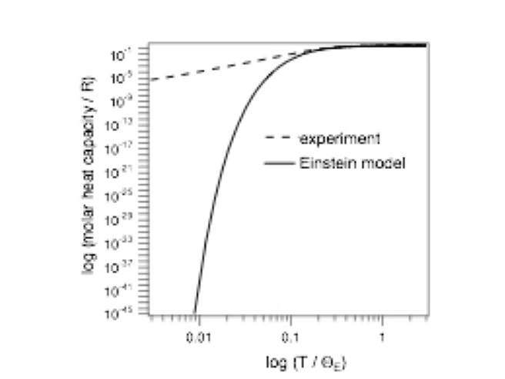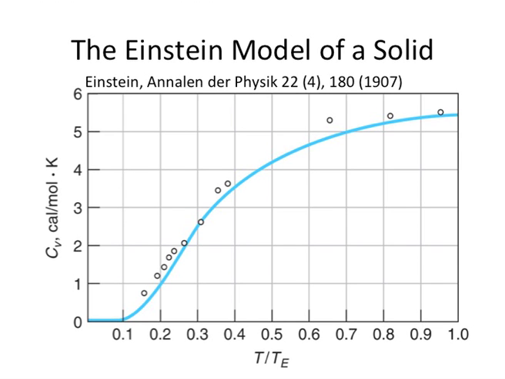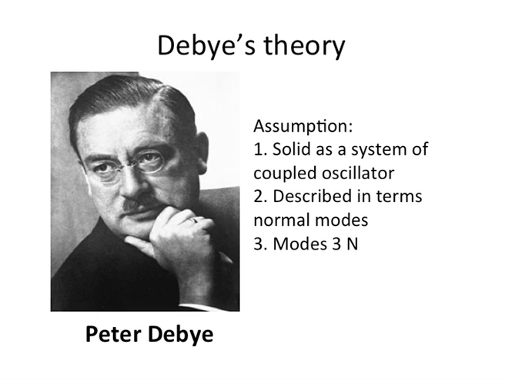In a given solid, this solid curve is Einstein model, and these circles are experimental values. They agree up to some low temperature, whereas at very low temperature they are not satisfied.